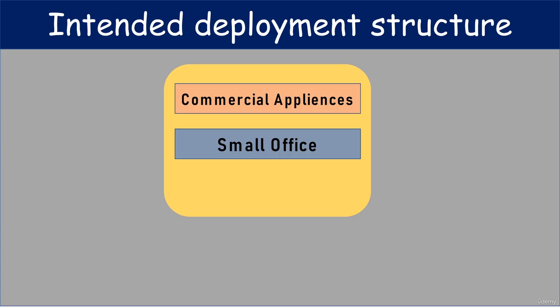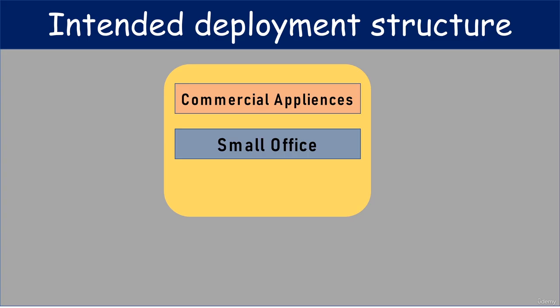A SOHO firewall has limited resources, so the firewall product implemented must be relatively easy to use and maintain and be cost effective also. This firewall connects the user's local area network or specific computer system to the inter-networking devices.